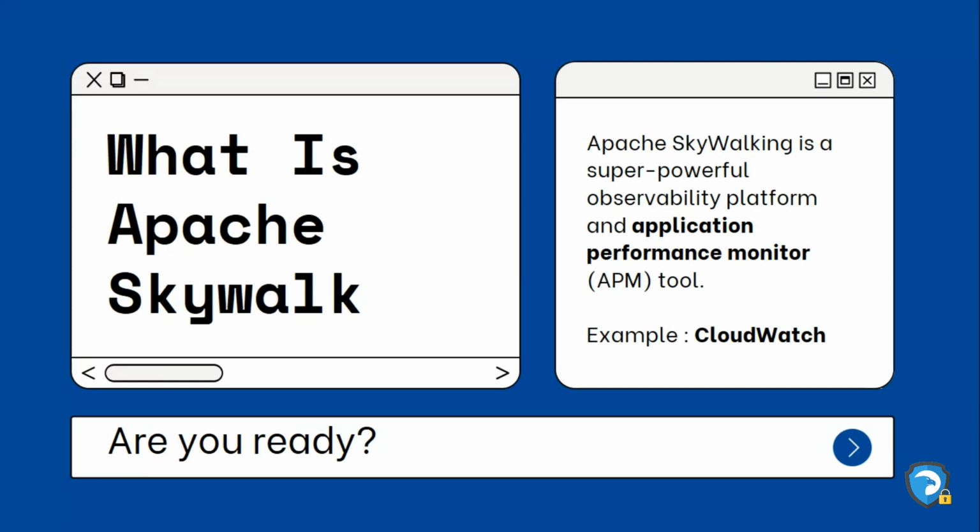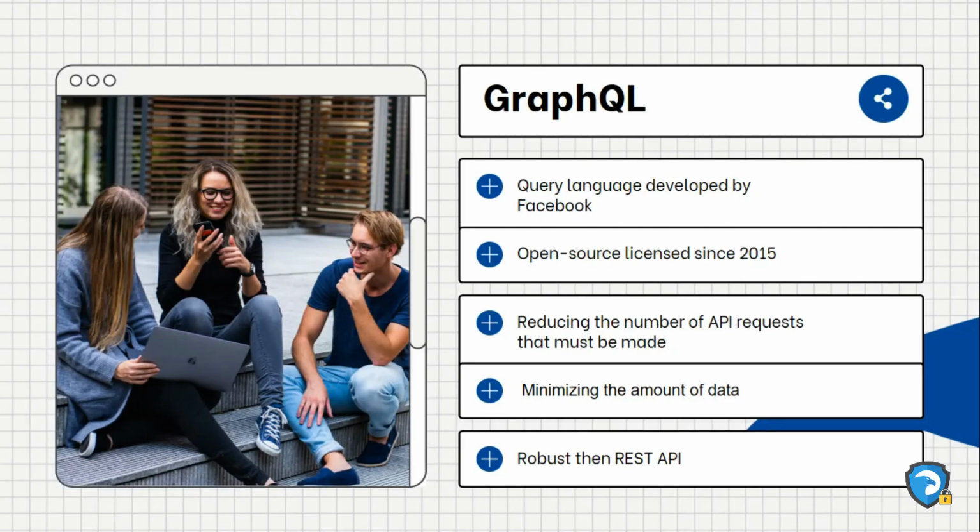So different cloud providers and different cloud platforms use different services. In multiple versions of Skywalking, there is an unauthorized GraphQL API.